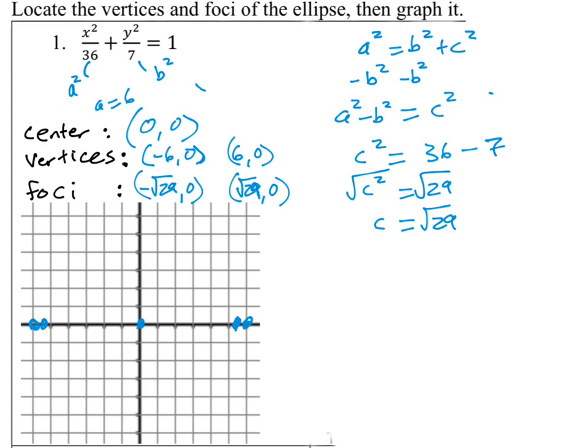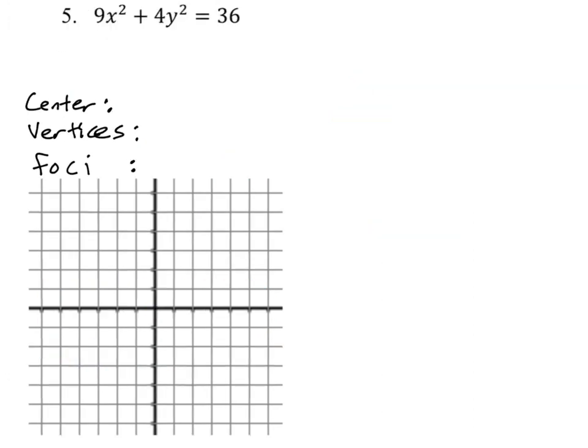Since b squared is 7, b is root 7, which is bigger than 2 but less than 3. So you're going to go up about 2.5 on either side. So your ellipse is going to look like this. That was a bad line, but your ellipses don't have to be that great. They just need to look like ellipses. And there you go.